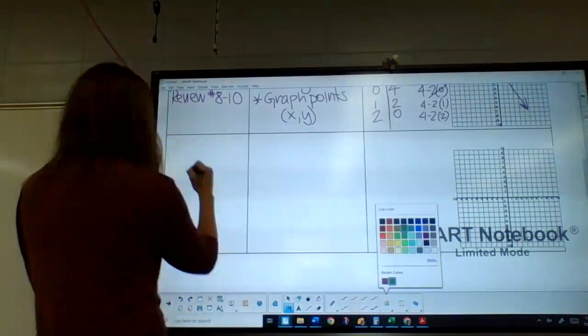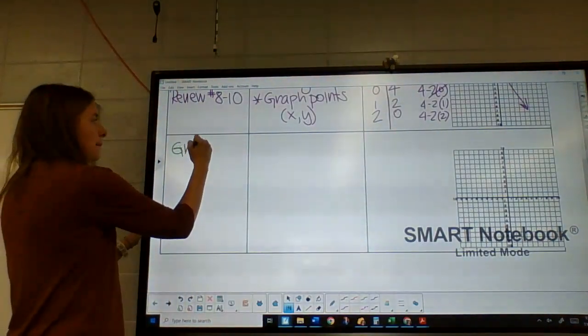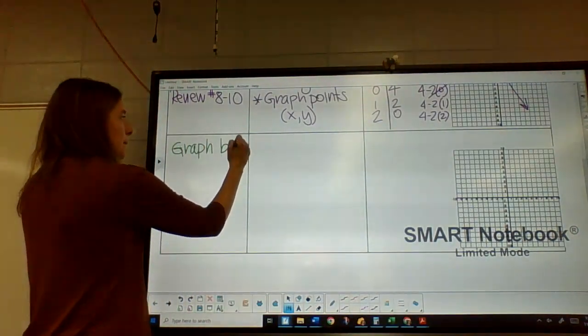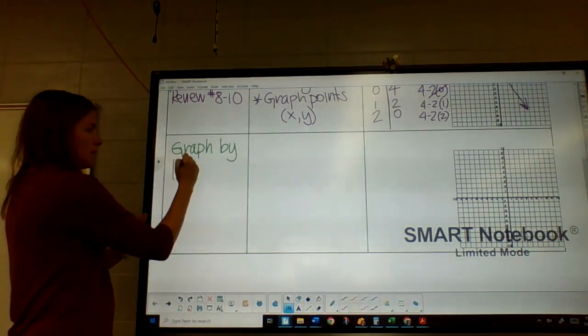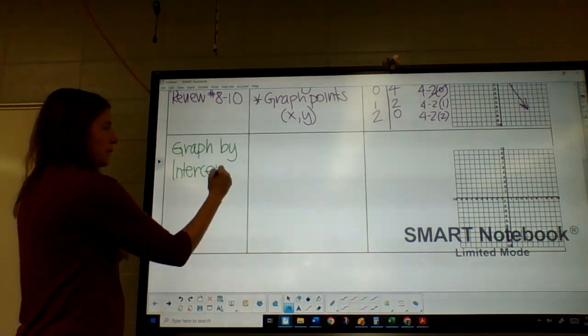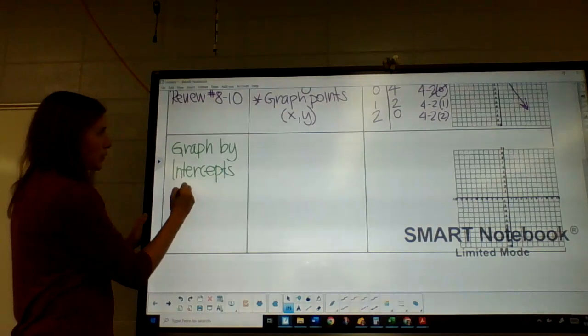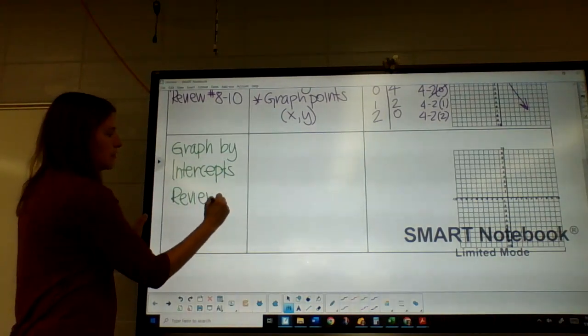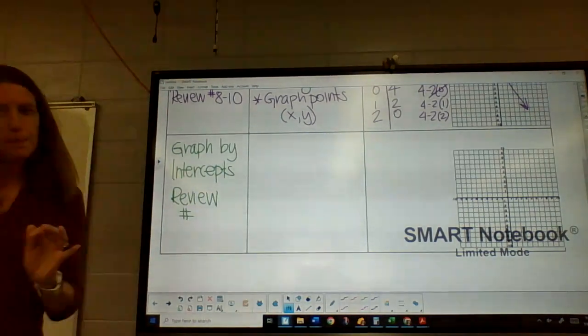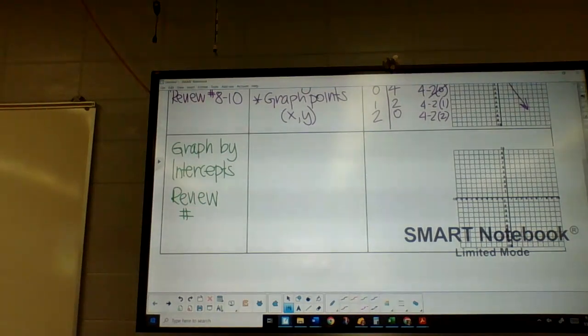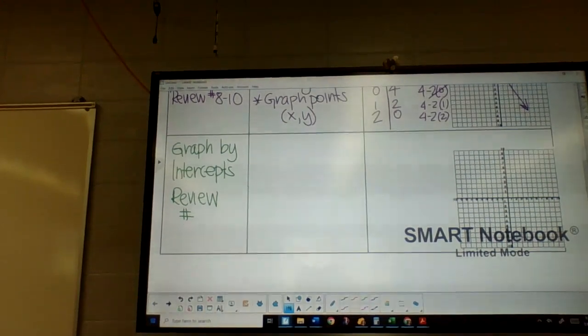So our next one here is graph by intercepts. For our review that we're going to do, we're going to do a few questions with graphing by intercepts. I think that one is 11 through 14.